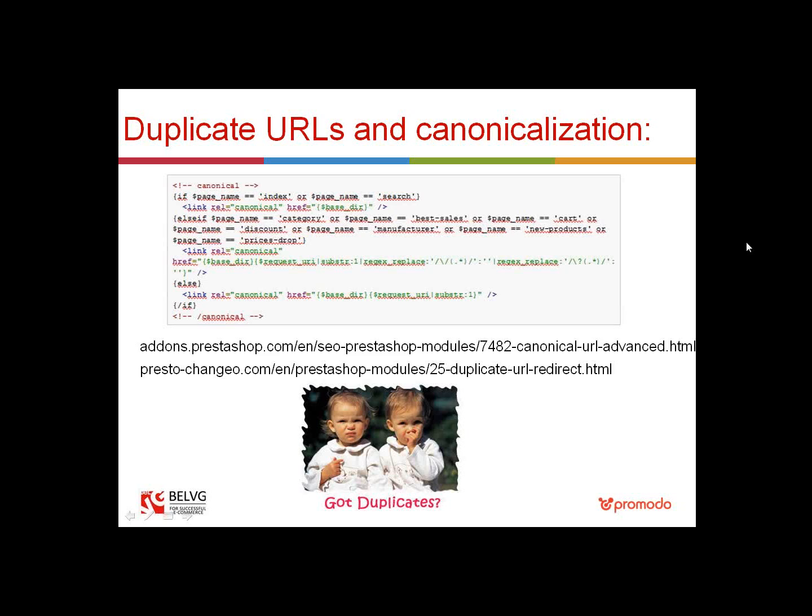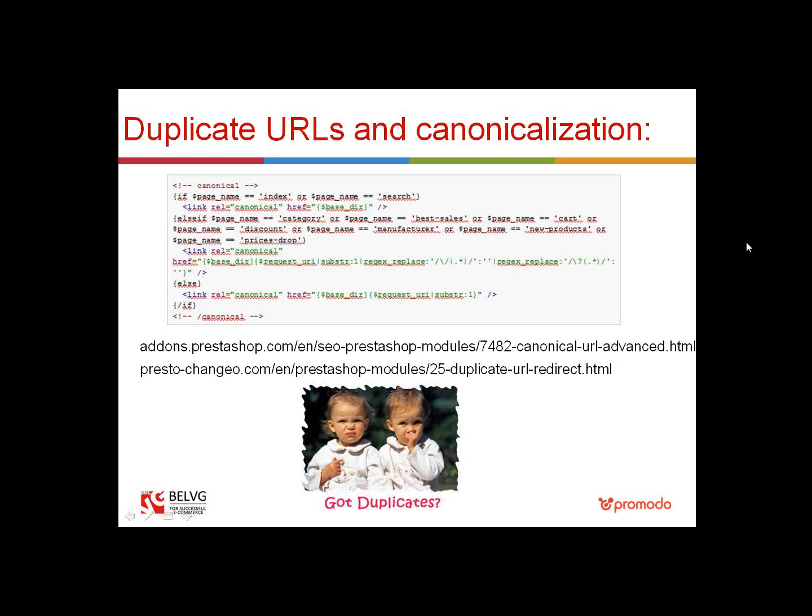So to make sure it doesn't happen, you need to download special modules and add-ons which will help you create canonicals on duplicate pages. I've chosen two modules here. If I'm not mistaken, one is free and one is paid.